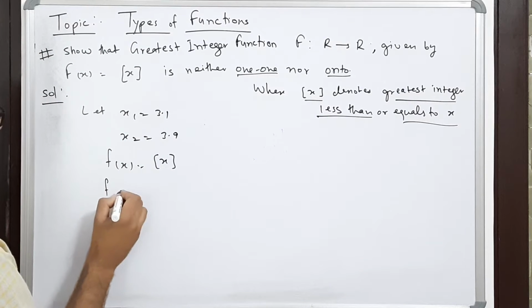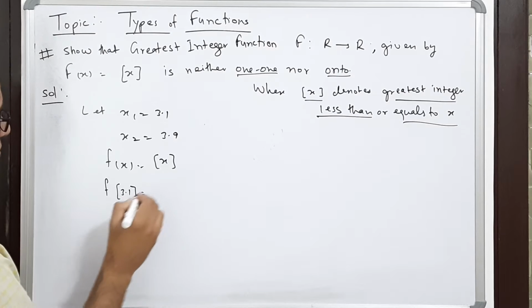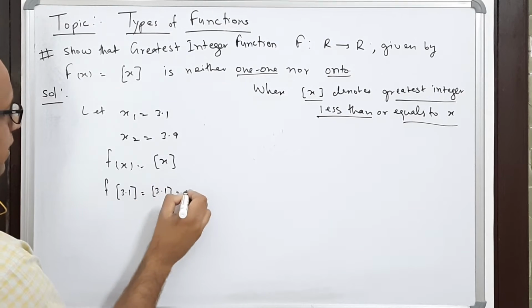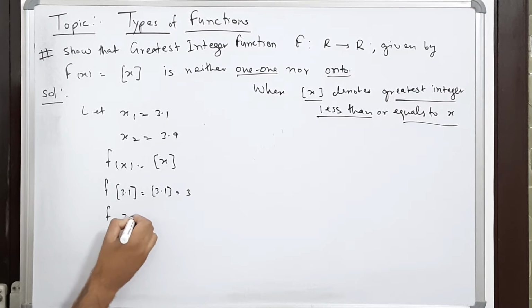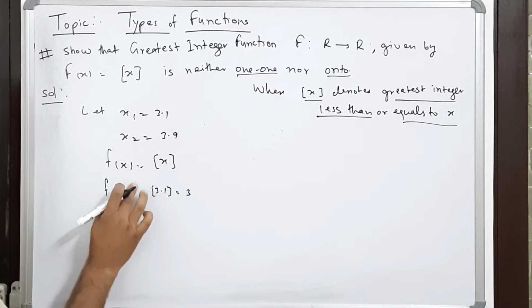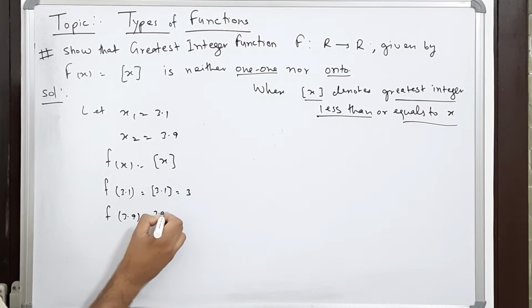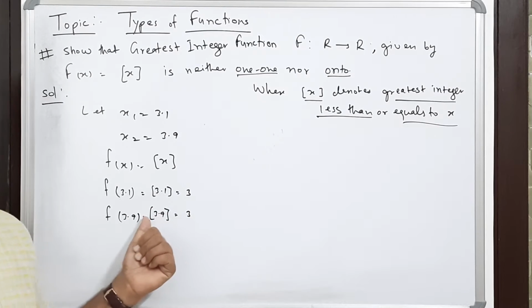So what is the value of [3.1]? It is 3. And if I write 3.9, you can put a small bracket also, then [3.9] is still 3 only.